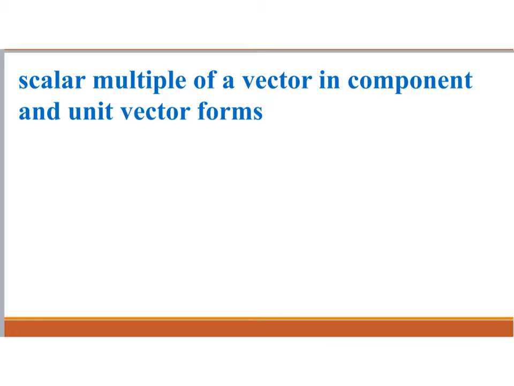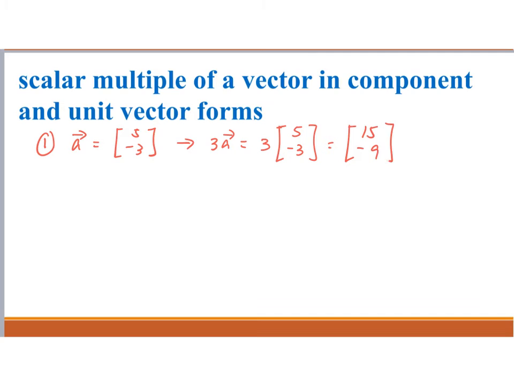So for example, if we have the vector A, whose components are 5, negative 3, and our scalar multiplier is 3 and we want to get 3A, we simply write it this way: 3 times 5, negative 3, then multiply each component by the scalar multiplier. So the result will be 3 times 5, which is 15, and 3 times negative 3 is negative 9.